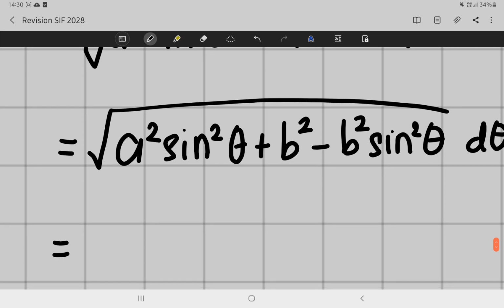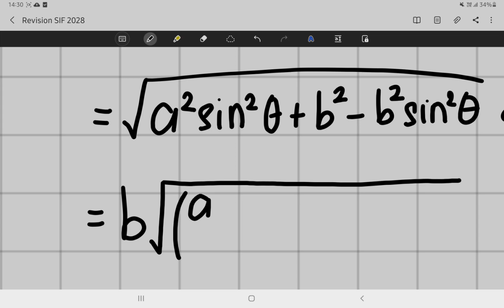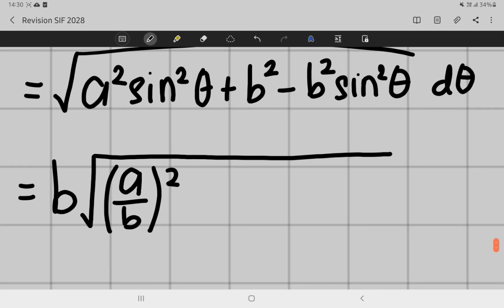Then we can factorize the b squared. The b squared inside the square root becomes b outside. So a squared divided by b squared, and maybe I can factorize the sine squared theta also.